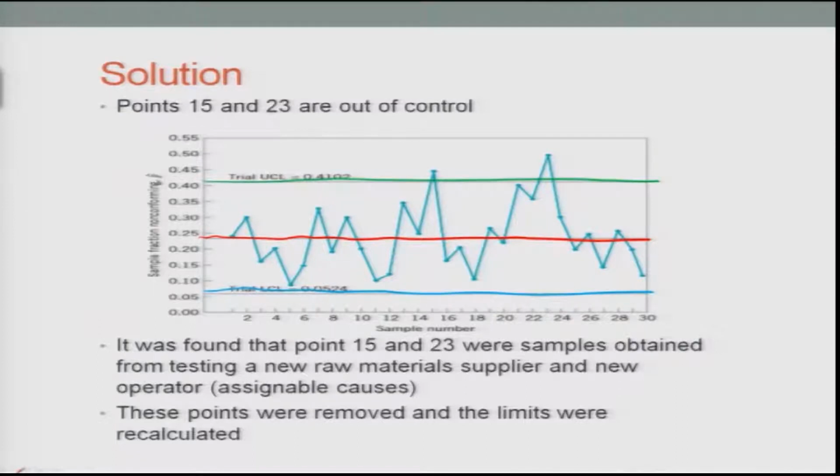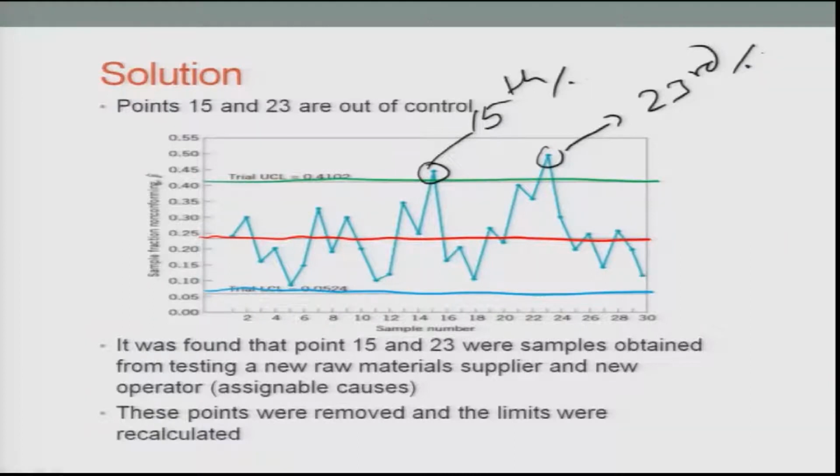There are some values above and below the control limits, which is this one and so on. If you look at the solution and try to solve it, the 15th and the 23rd readings are out of control. So, obviously, there are problems related to assignable cause and unassignable cause, and you have to take corrective actions.